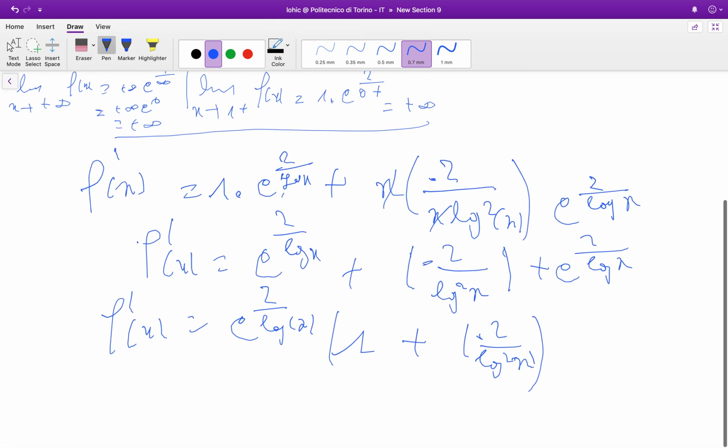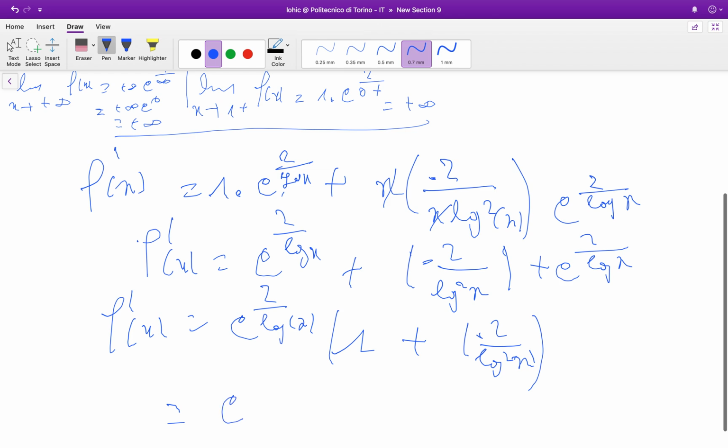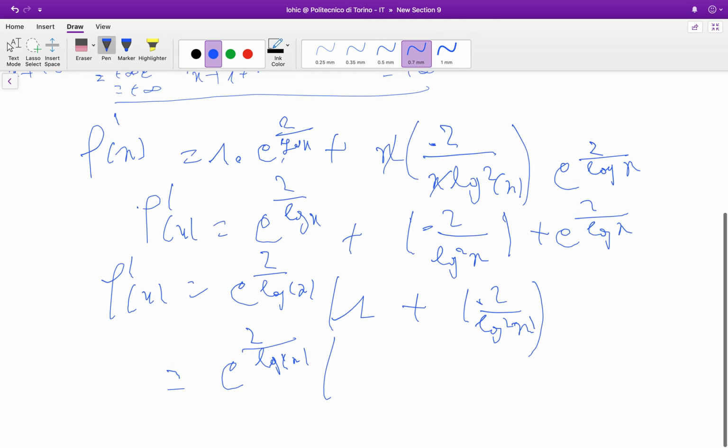We can still write it better. It is exponential of 2 over log of x multiplied by, now look that this is 1 minus 2 over log square of x, right?